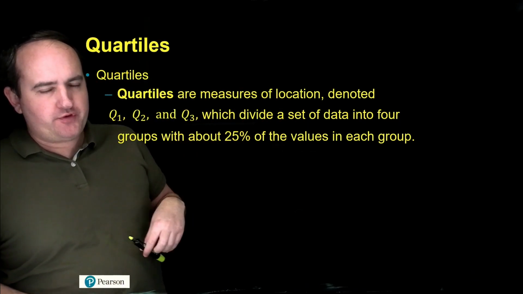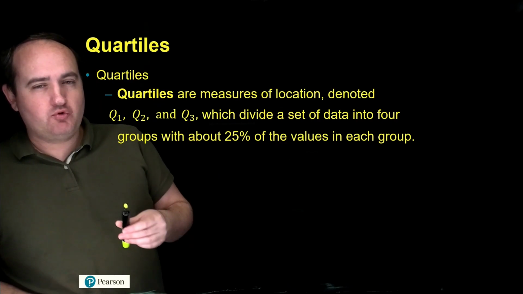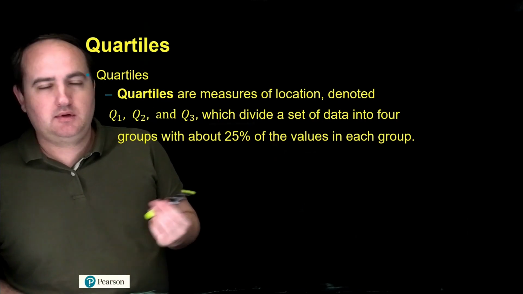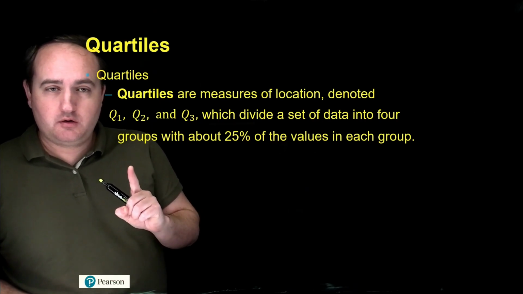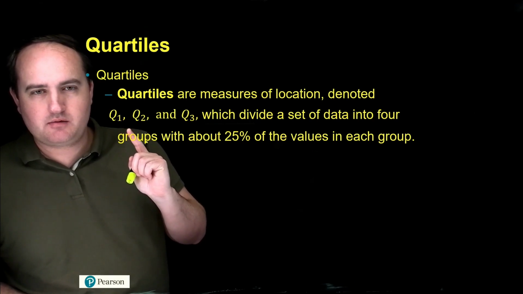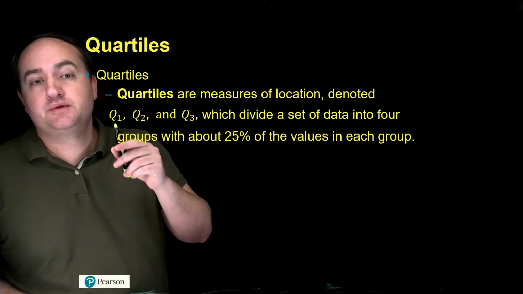If there are 4 quarters in a dollar, what do you think the first quarter is going to be for your percentile? Well, 1 quarter is 25 cents. So it should make sense that Q1 is actually equal to P25.